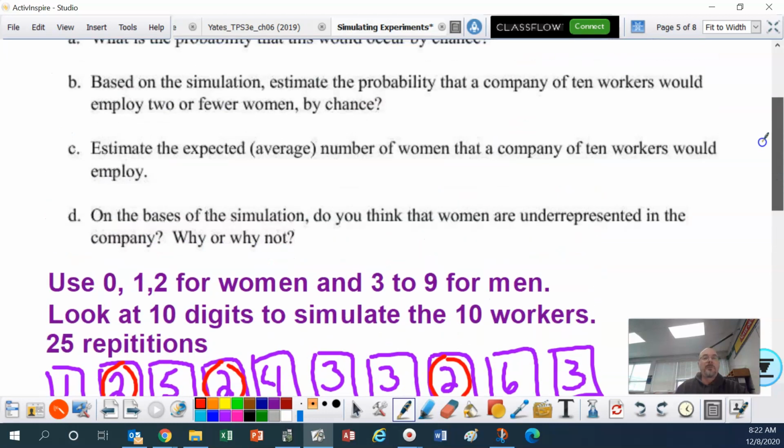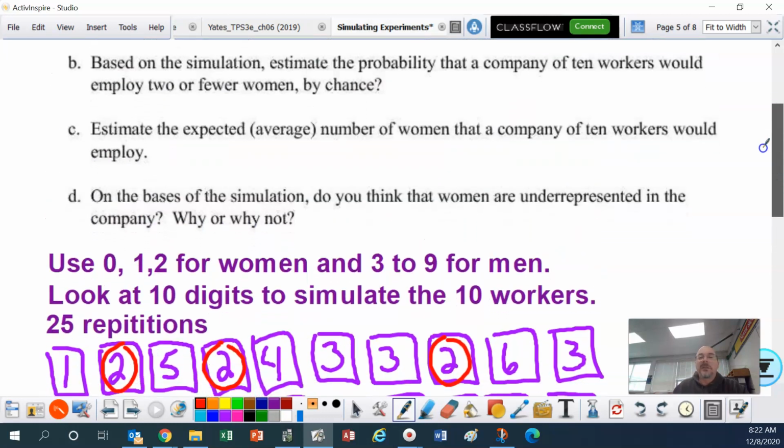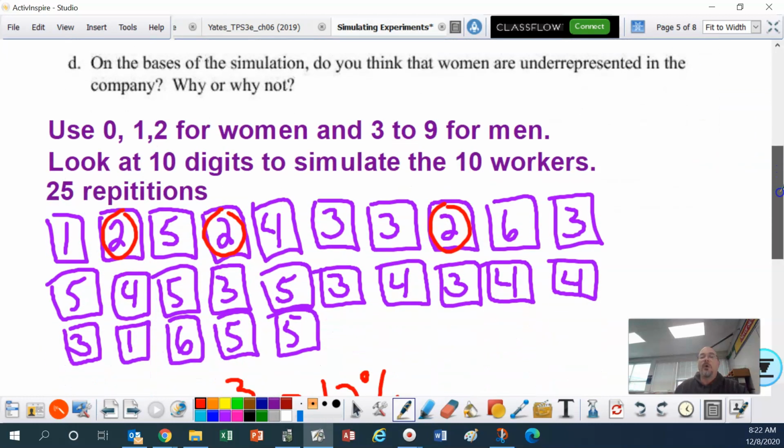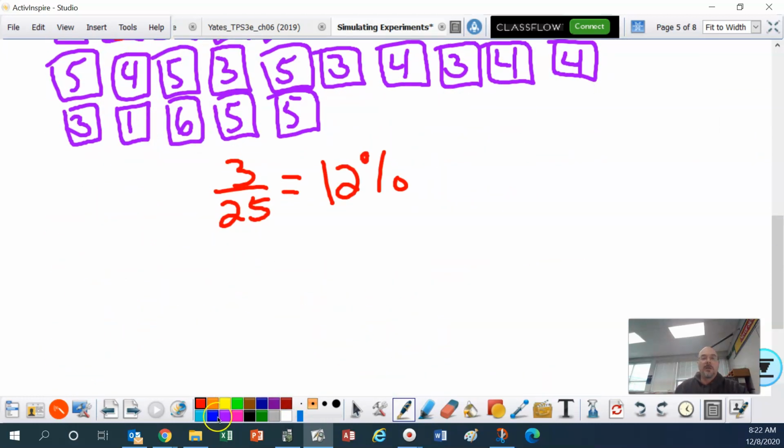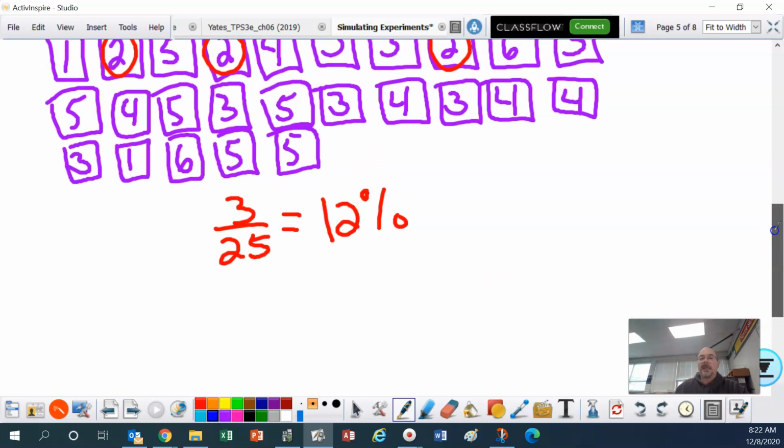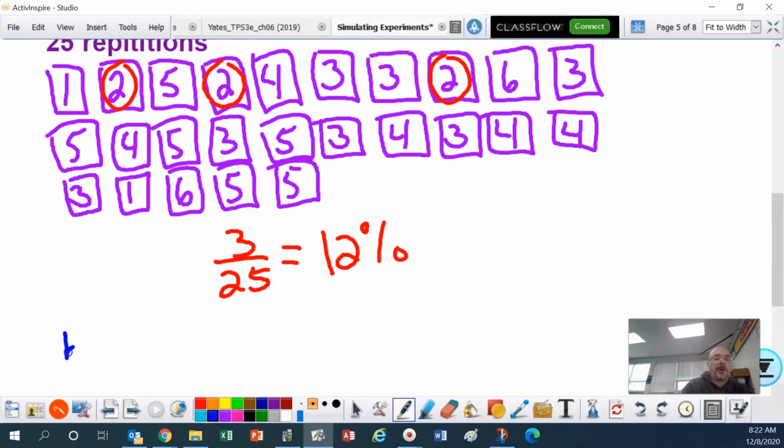Now, B, based on the simulation, estimate the probability that a company of 10 workers would employ 2 or fewer women. Okay, 2 or fewer. So part B, 2 or fewer.